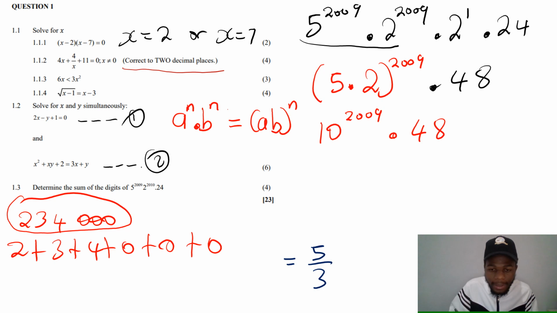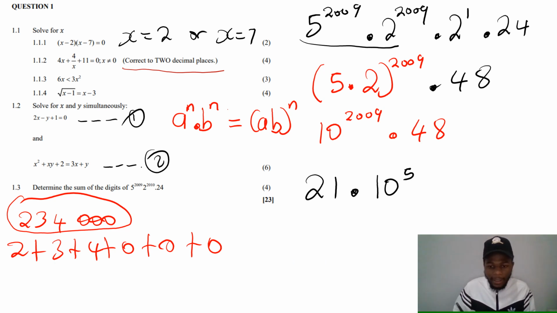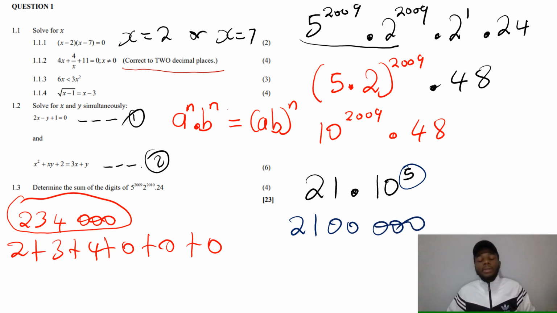If you're having maybe 21 multiplied by 10 to the power 5, you always have, when you are multiplying, only when it is 10 to the exponent, it means you are going to have 21, and this exponent 5, because it's 10, you're going to have 5 zeros. That's it. So even here, it means I'm going to have 2009 zeros.